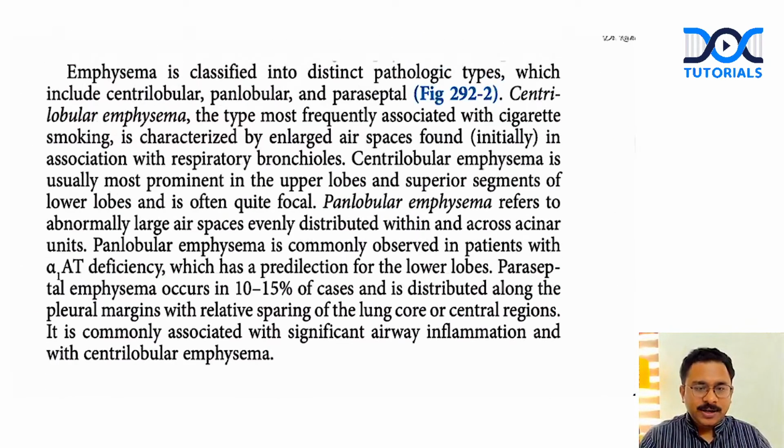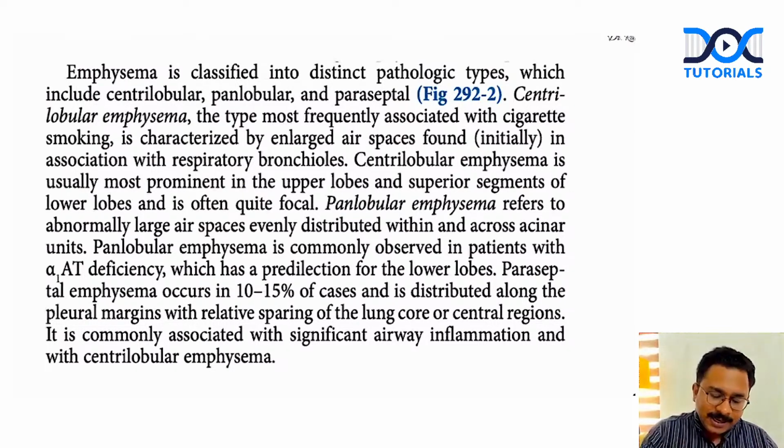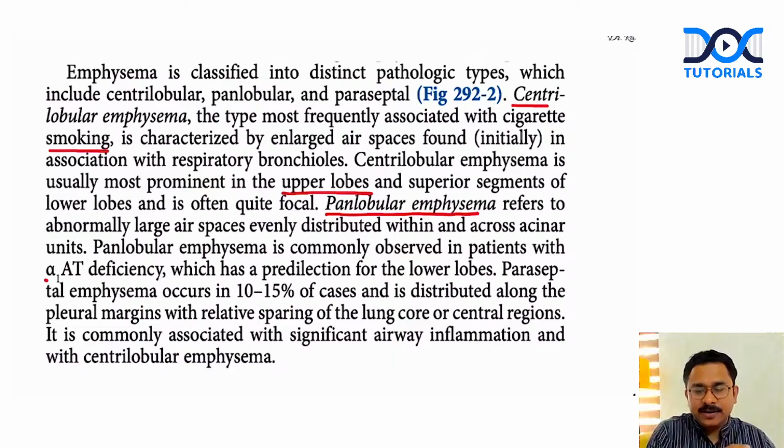If you look at this screenshot again from Harrison, let me compare centri-acinar or centrilobular and pan-acinar or pan-lobular emphysema. The one frequently associated with smoking is the centri-acinar emphysema, which is more predominant in the upper lobes of the lung. Whereas pan-lobular or pan-acinar emphysema, which involves the entire acinus, is associated with alpha-1 antitrypsin deficiency, and it has a predilection for the lower lobes.